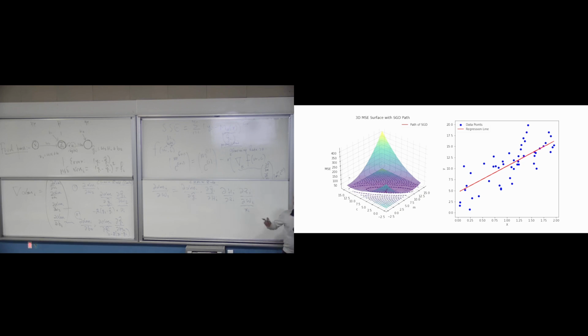What is dhi dzi? Let's remind ourselves, what is hi? Hi is sigmoid zi. Sigmoid zi is 1 over 1 plus e to the negative zi. That's the definition of the sigmoid function.